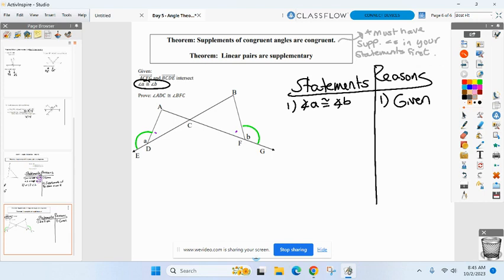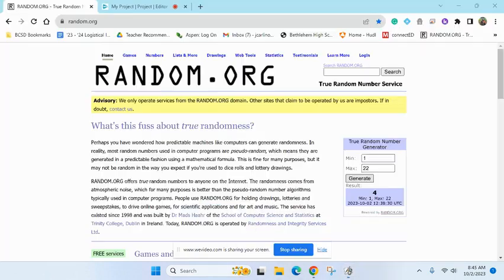Okay? You are not allowed to write that down yet, this new theorem, unless you have supplementary angles in your statements, which I do not. So somebody's going to give me a pair of supplementary angles that we're working with right now, and then somebody else is going to give me the other pair. So give me a pair of two angles we know are supplementary that are involved in this proof.